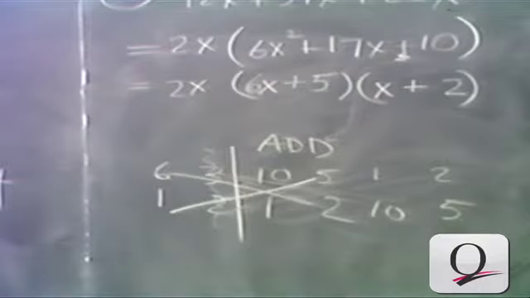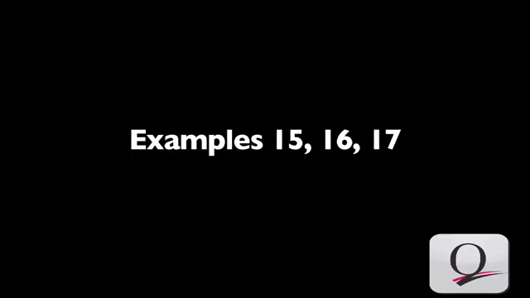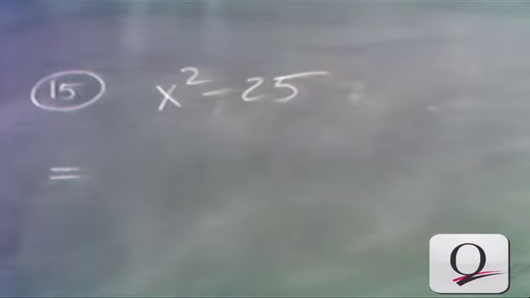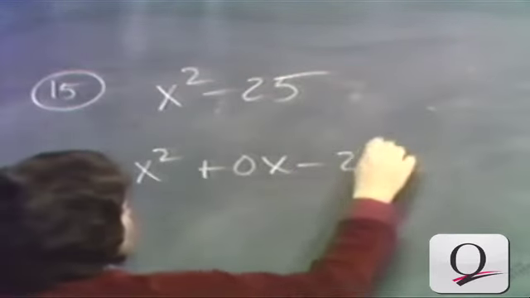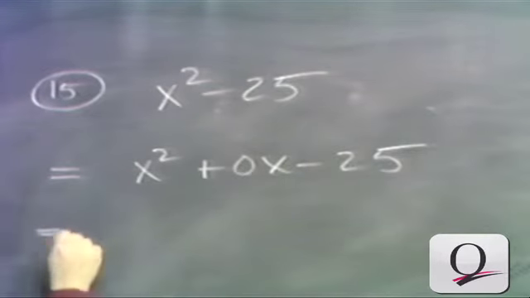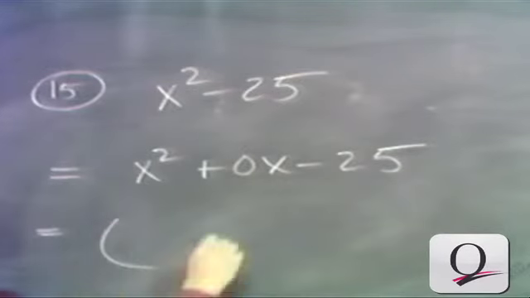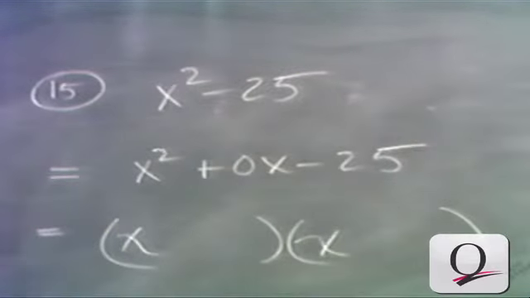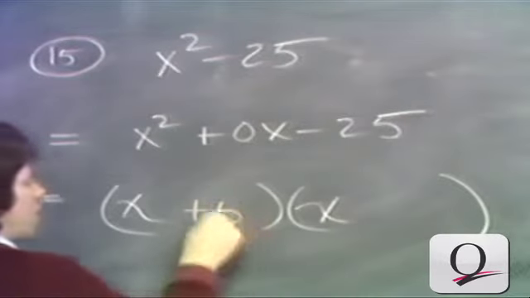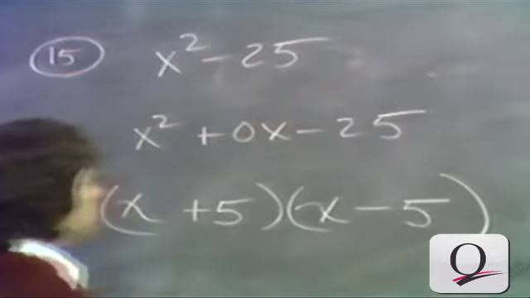And then we factored this completely. You can think of this, by the way, there is no common factor to pull out, and you can think of this as our typical trinomial, if you'd like. In other words, looking for two numbers which multiply to minus 25 and add to 0, and of course they're plus 5 and minus 5.